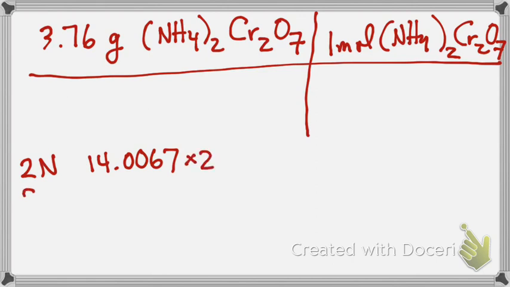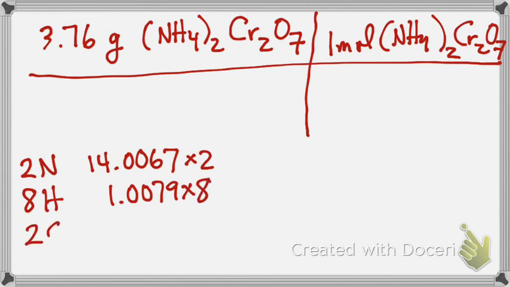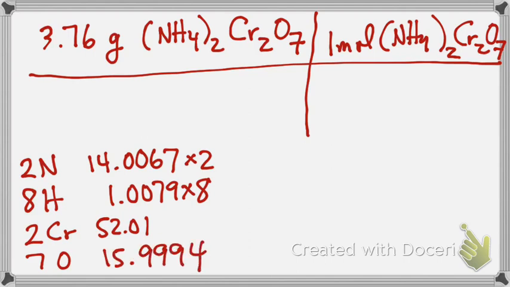I have 8 hydrogens. Each hydrogen is 1.0079. I have 2 chromiums. Each chromium is 52.01. I have 7 oxygens. Each oxygen is 15.9994.